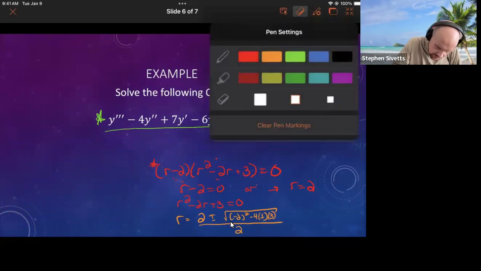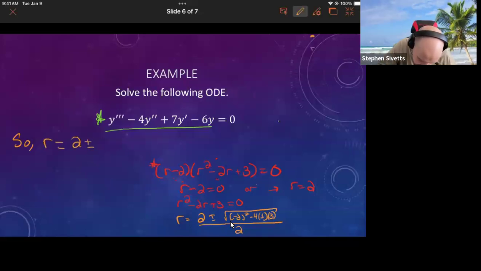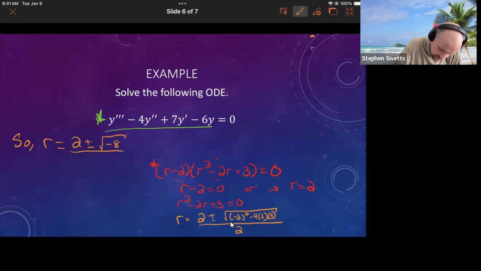So what we'll have here is r is equal to 2 plus or minus the square root of 4 minus 12, which is minus 8, over 2.